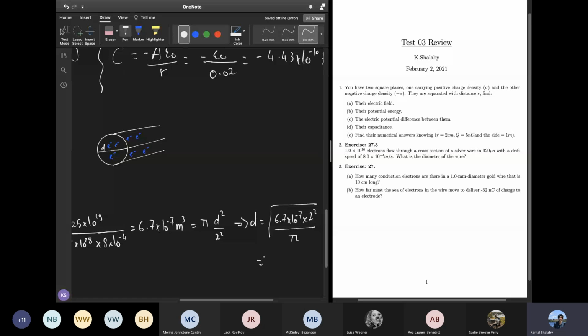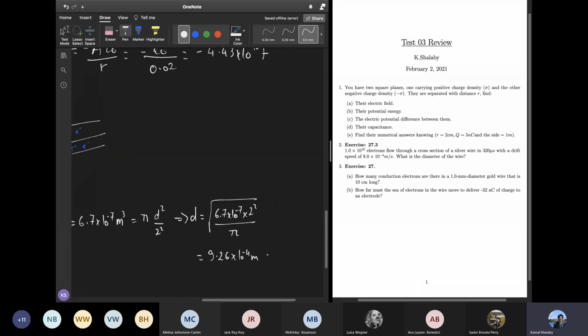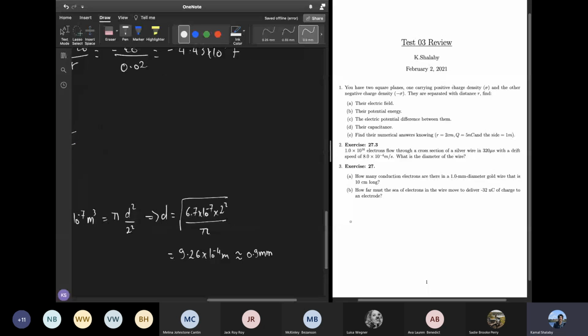That should give us, let's see, square root of all of that, 9.26 to the power of -4 meters, which is roughly 0.9 millimeters, which you can just say is also roughly equal to 1 millimeter.